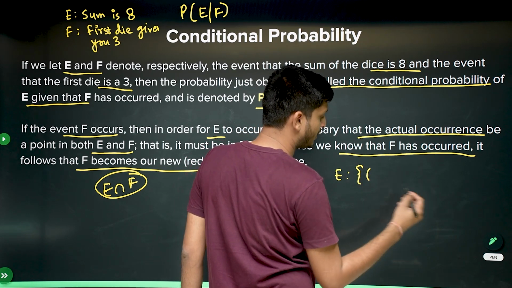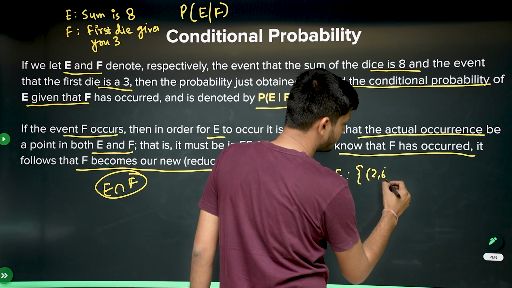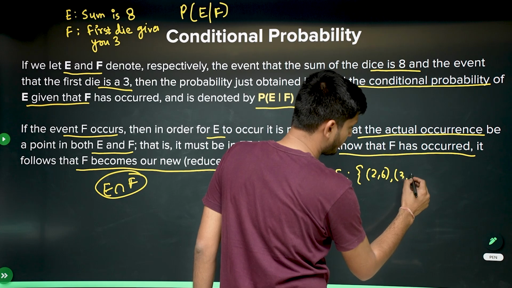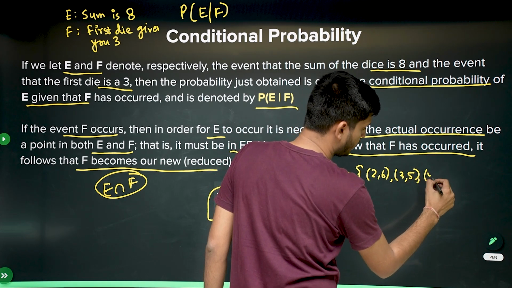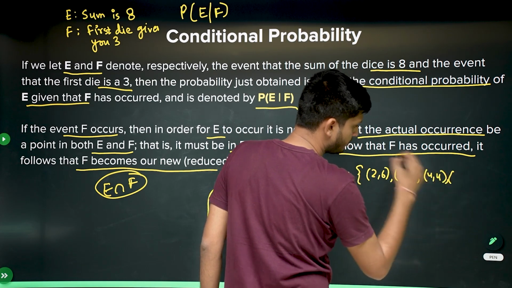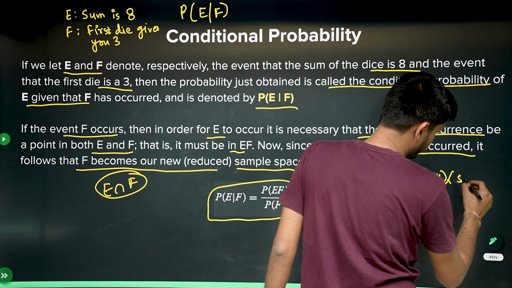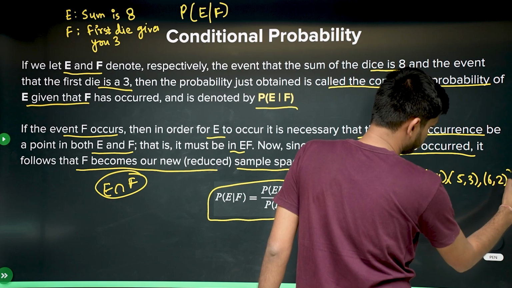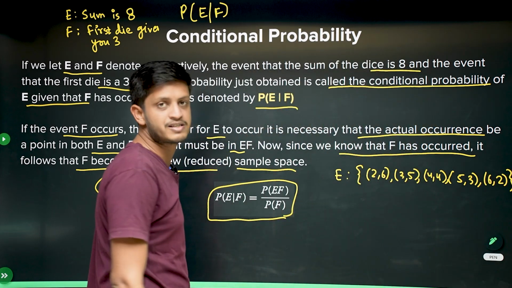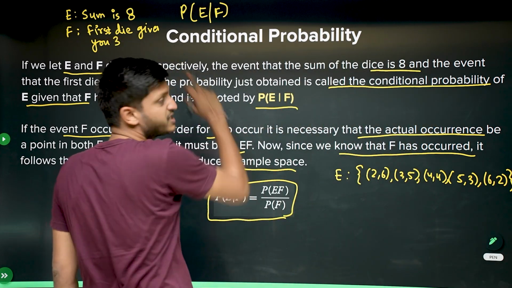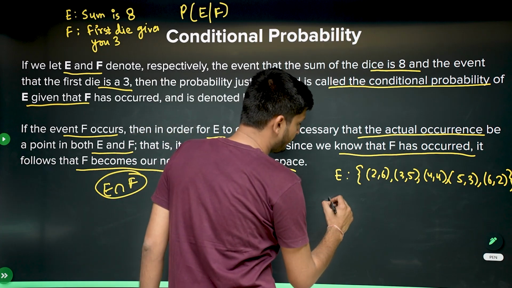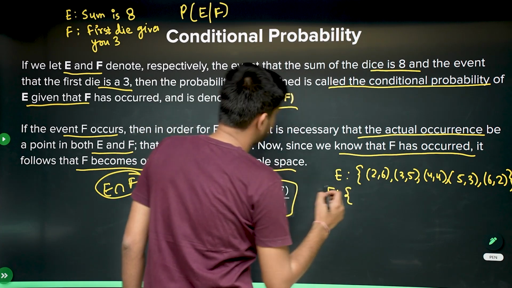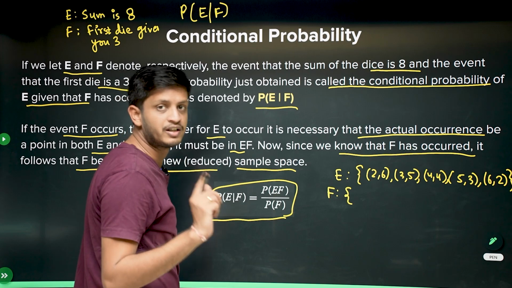We know that there were 5 elements here: (2, 6), (3, 5), (4, 4), (5, 3), and (6, 2). There were 5 elements in set E, sum is 8. What was event F? That the first die gives you a 3.